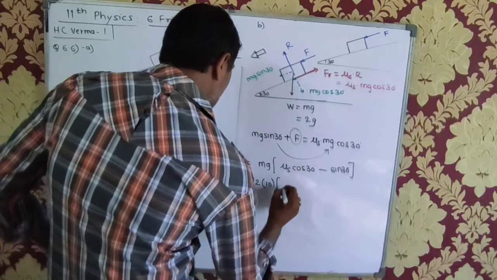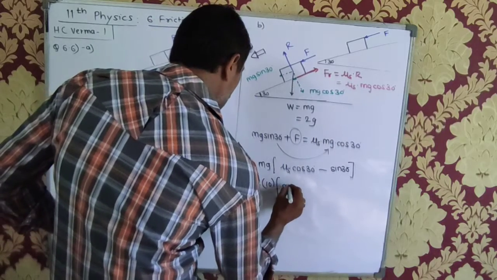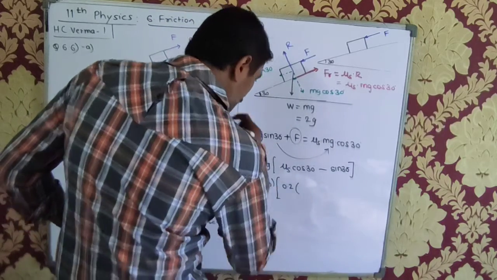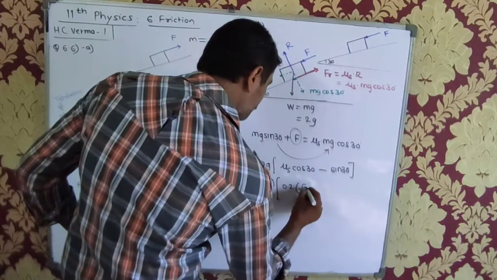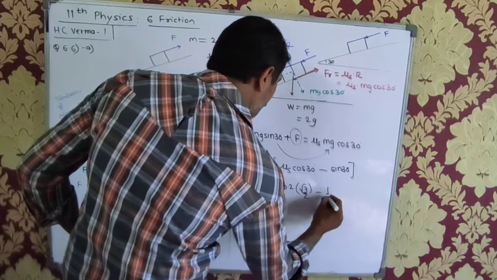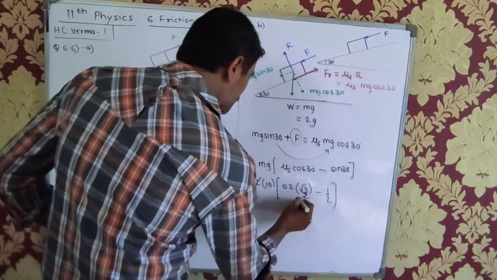10, mu s is 0.2, and this is root 3 by 2, minus half. So take 2 common and 2 cancel.